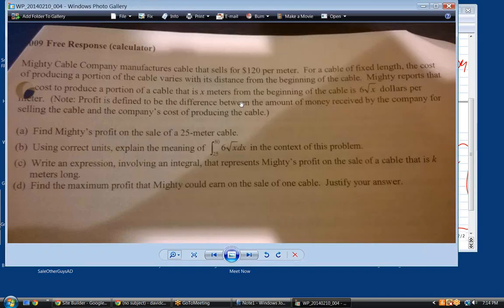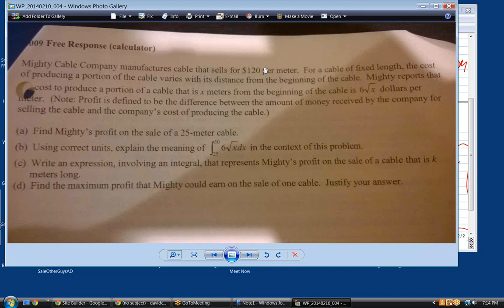Now, that is the cost to produce the portion of that cable that's 25 meters long. The profit, if we're looking for the profit, is defined to be the difference between the amount of money received by the company and their cost of producing it. So what did they receive for that 25-meter cable? $500.